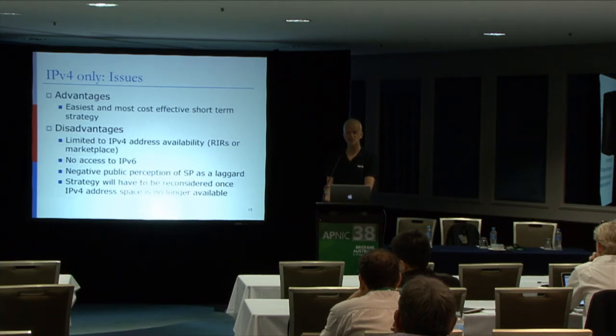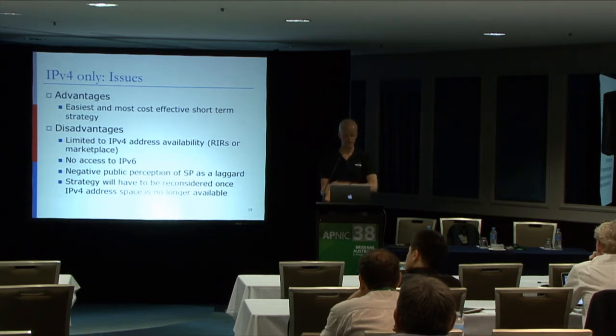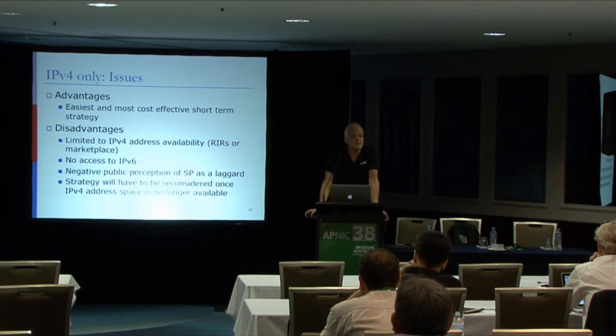Advantages: easiest, most cost-effective short-term strategy. Doing nothing is always the easiest and costs you the least for the short term. Disadvantages: your address space availability. As long as you can get address space from the registry or from the marketplace, fine. You've got no access to V6, so your customers end up doing other things to get access to V6 if they want it.